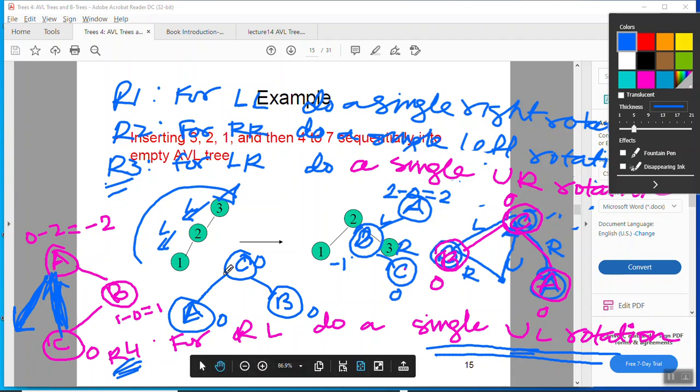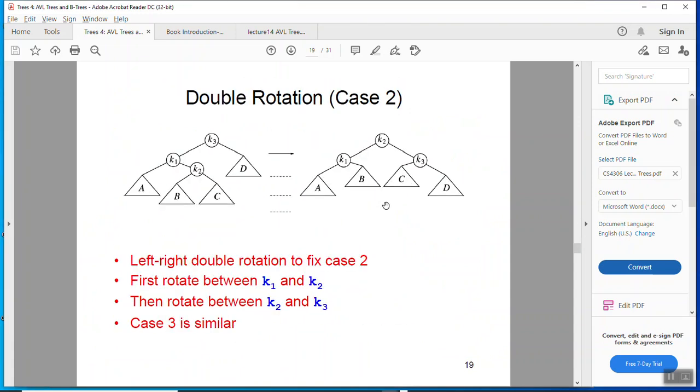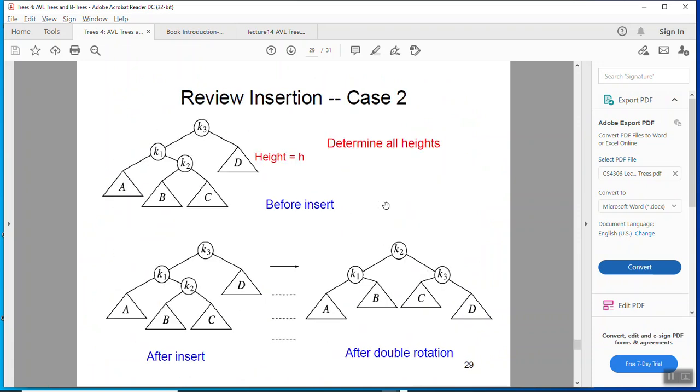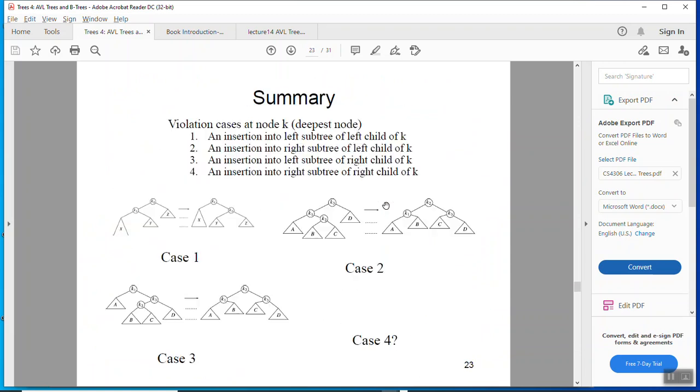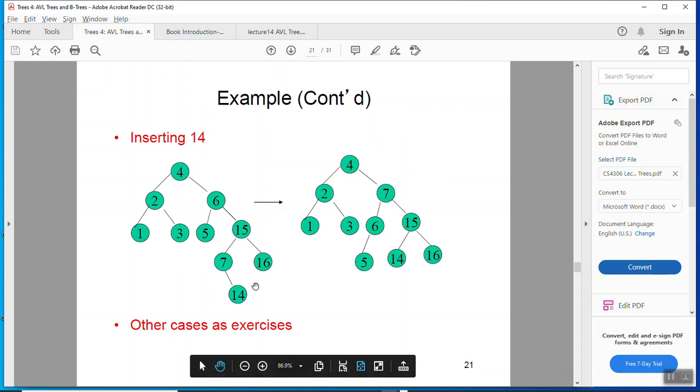So if you remember this, then for the last technique in this slide, the slide is pretty large, so we do not need more. Whenever you see some insertion, for instance 14, if an imbalance occurs, you need to consider the previous rules.